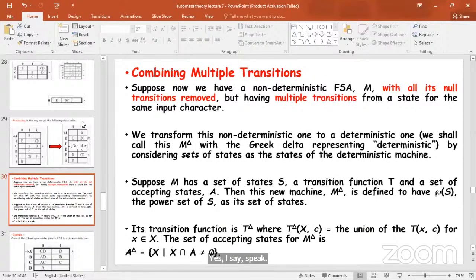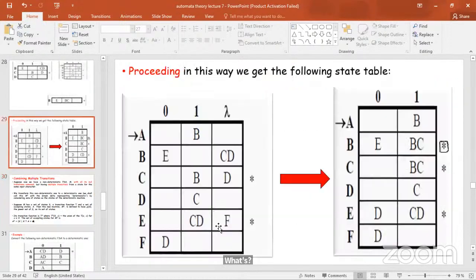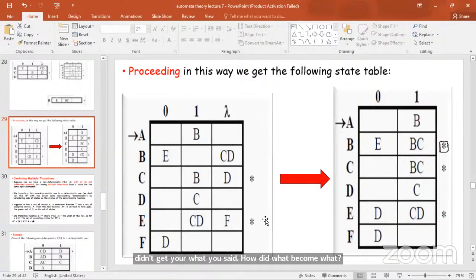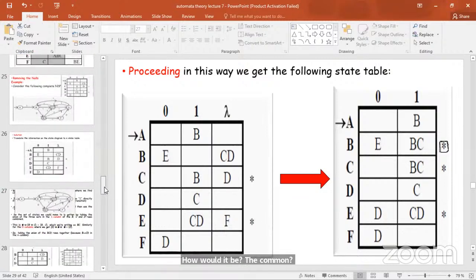How did B become an accepting state after the union?